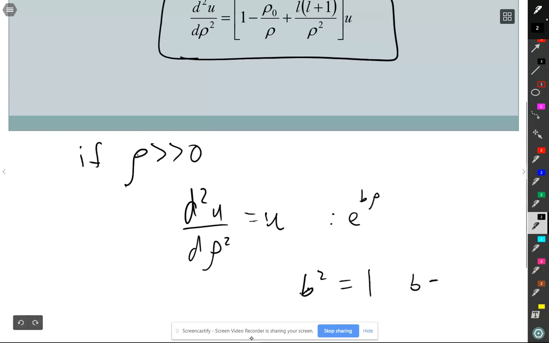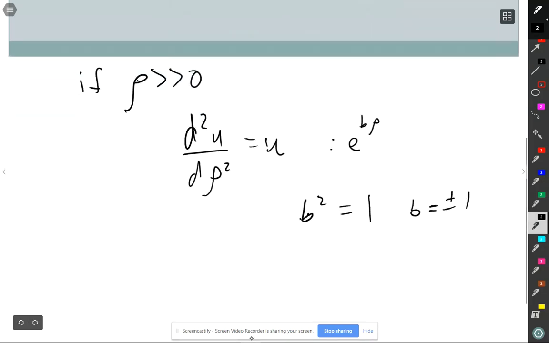And so b is equal to plus or minus 1. And so that would give us u is equal to a e to the rho plus b e to the minus rho.